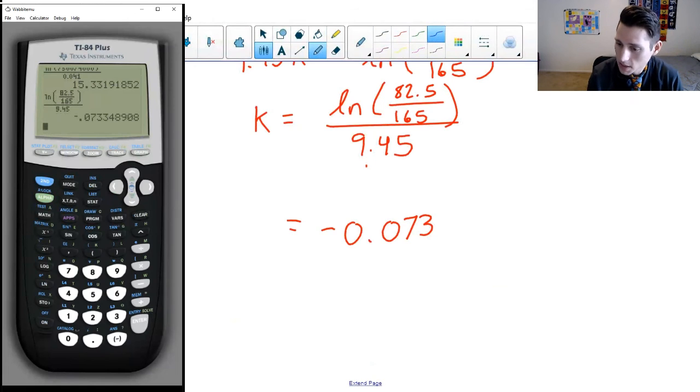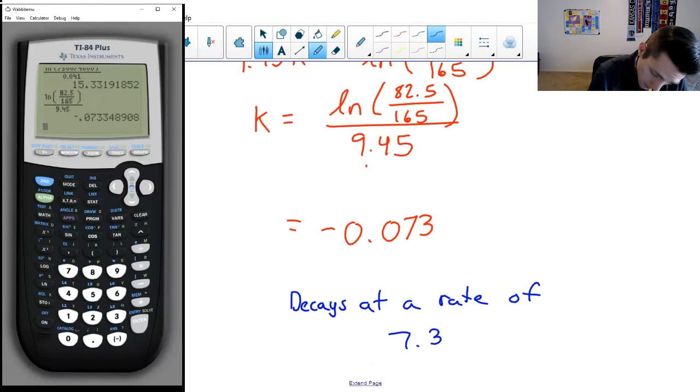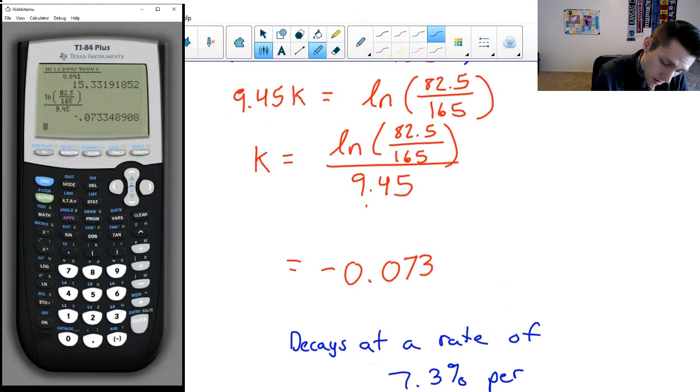So let me actually put this in some context. This decays at a rate of 7.3% per, what are our units?